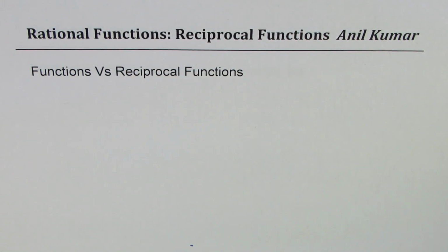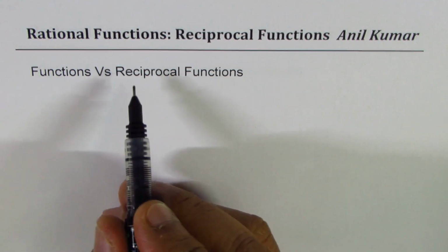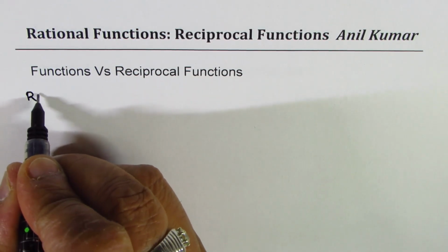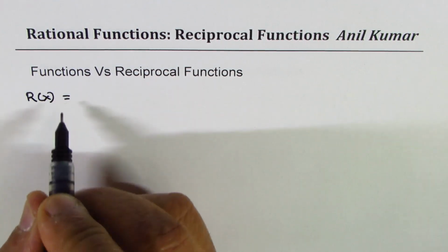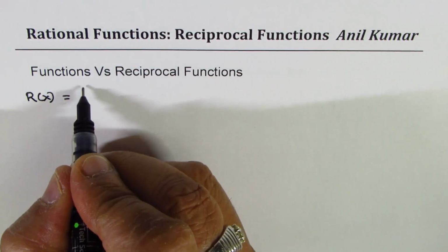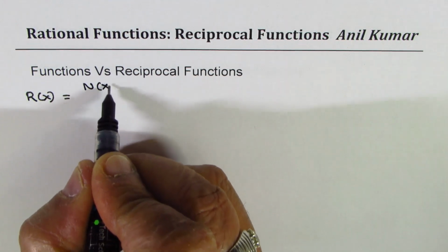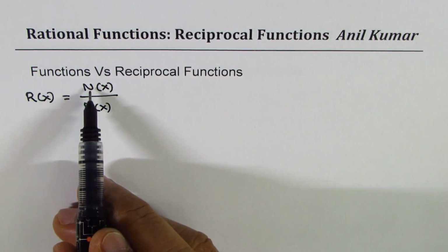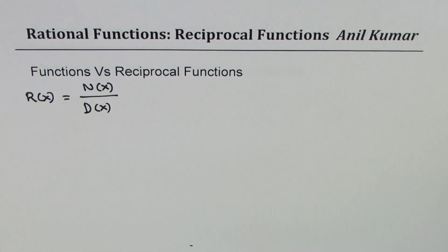Now let's discuss functions and how reciprocal functions are related to functions. Let's get back to rational functions. Rational functions are basically ratios of two polynomial functions. We are calling them n of x and d of x simply because one is in the numerator and one is in the denominator.